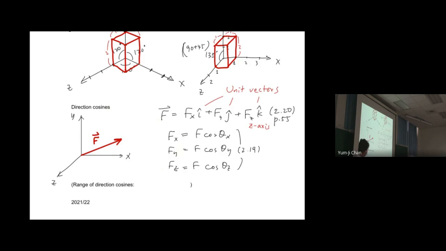Let's try. We know theta x is the angle between f and the positive x-axis. So this is theta x. So what is f times cosine theta x?